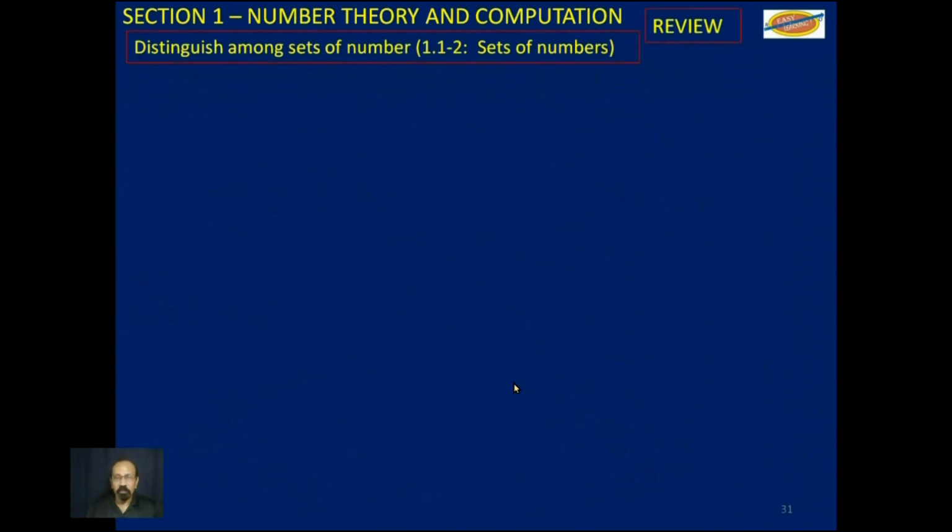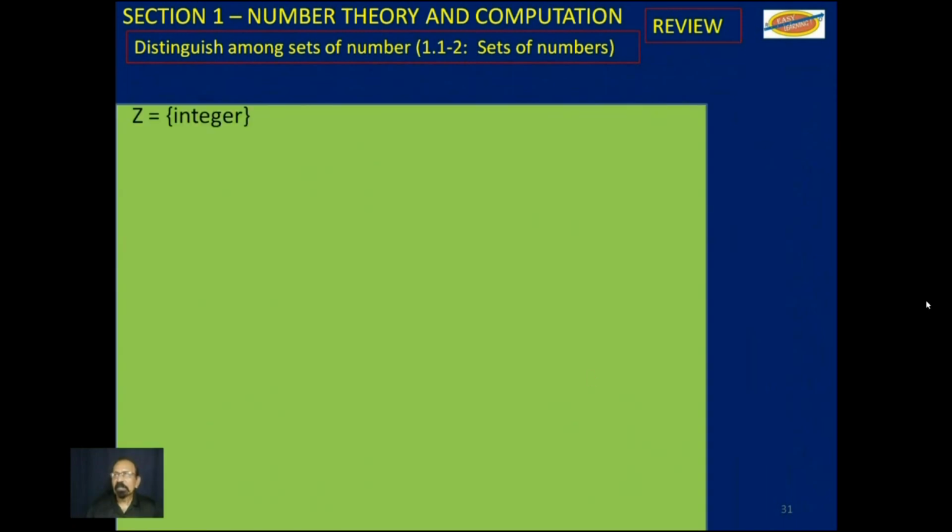So let's review and see how much we can remember. Now I will change up that diagram a little. So we have all integers in this lime green rectangle here. In this oval shape, we will put odd numbers. Now remember, that is slightly different from what we had before.